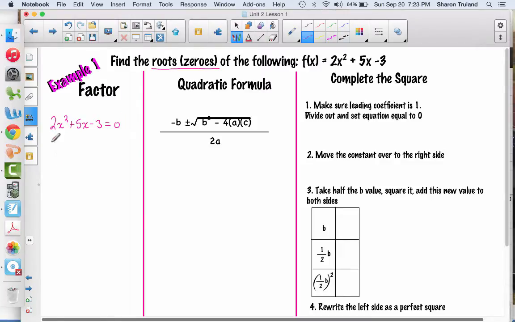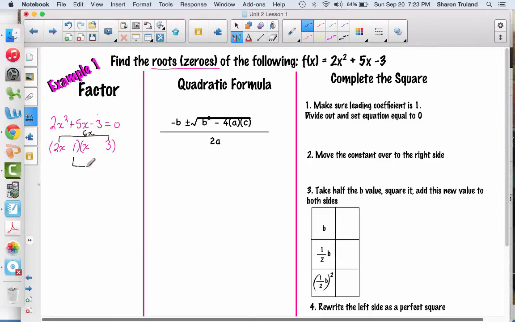So this does factor. 2x, x. I need numbers that multiply together to 3. Well, it's going to be 3 and 1. But remember, I have to build my bridge and my tunnel. My bridge here is 6x.